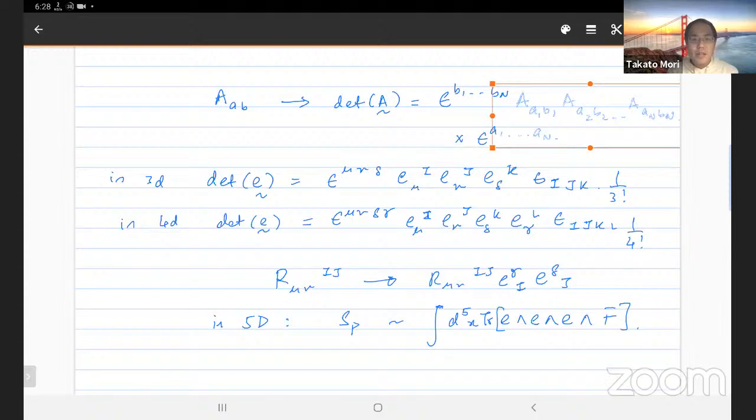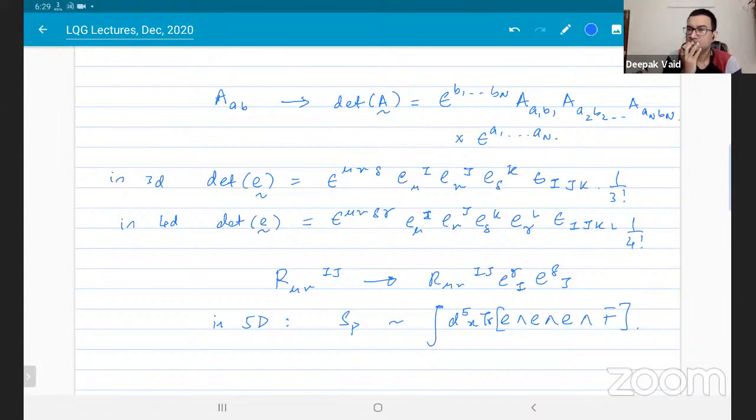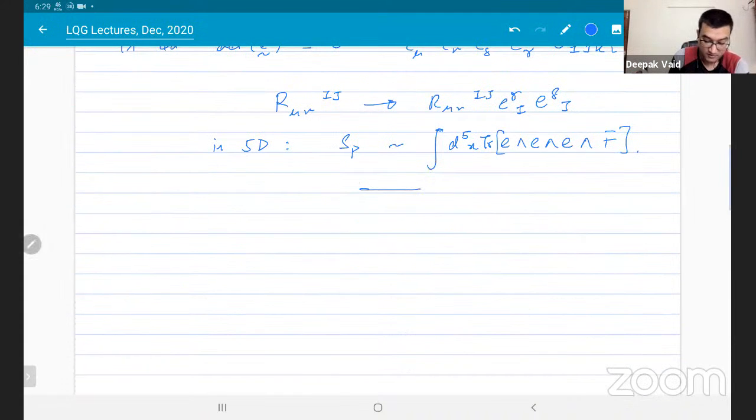So if one kept determinant E in the action, then the expression is just general, valid for any dimensions. I don't know. Honestly, off the top of my head, I don't know. I'll have to look into that. Okay. So your question is that if I just left it as det E, what would I get? I mean, yeah, okay.